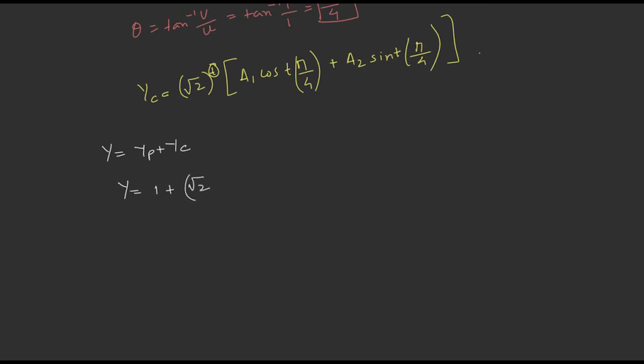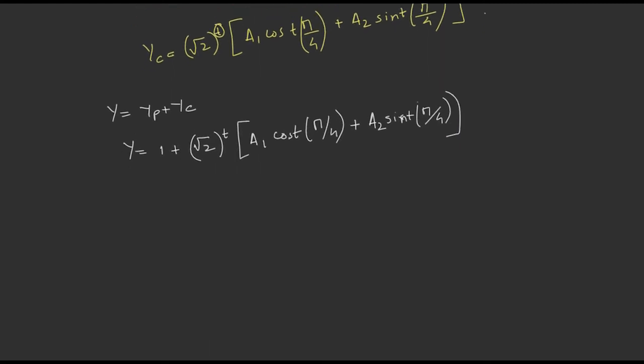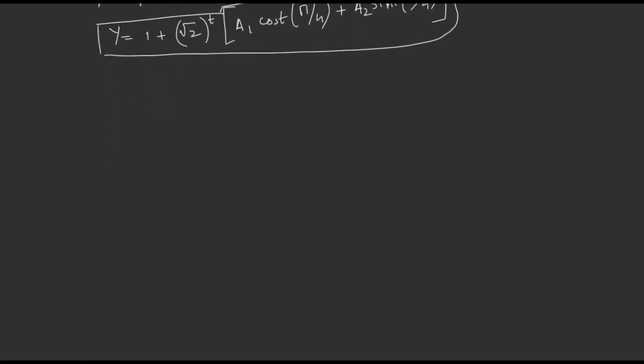Root over 2 whole to the power t into a1 cos t pi by 4 plus a2 sin t pi by 4. Okay, there is the general equation. Right. Now we will get the values of a1 and a2.